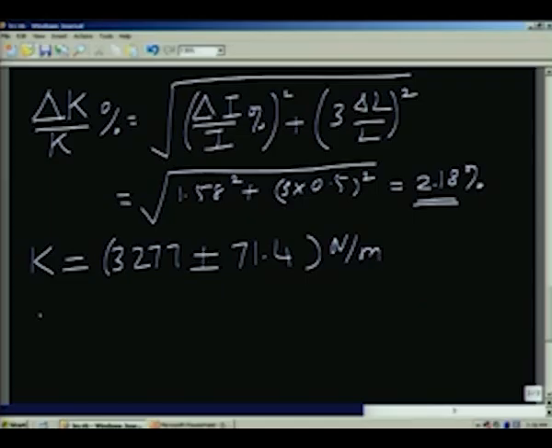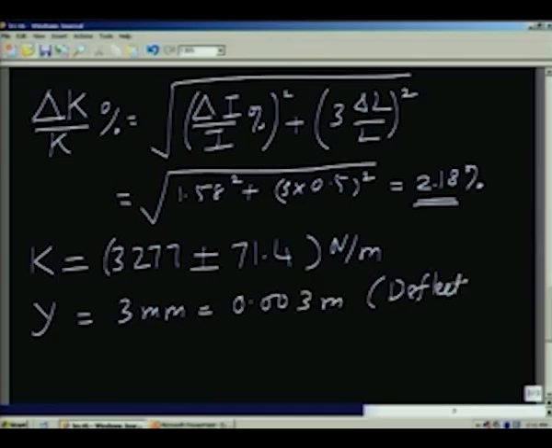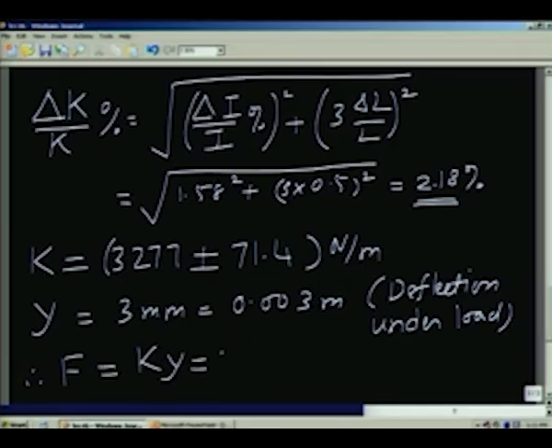Now, we know that the deflection under the load, if I call it y, is 3 millimeter, is 0.003 meter deflection under the load. Therefore, the force which gave rise to this is Ky by definition of spring constant, that will be 3277.